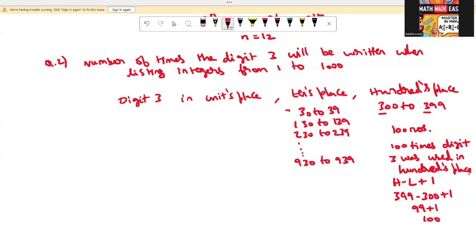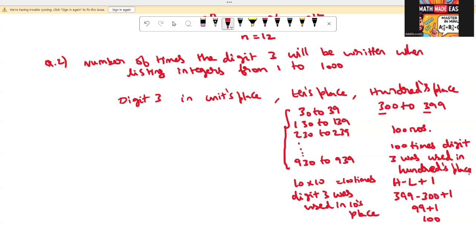So we understand there are 10 sequences in this, and in each of the 10 sequences there are 10 numbers, so 10 times 3 has been used in the tens place. Again here it is 10 into 10, which is 100 times digit 3 is used in tens place.